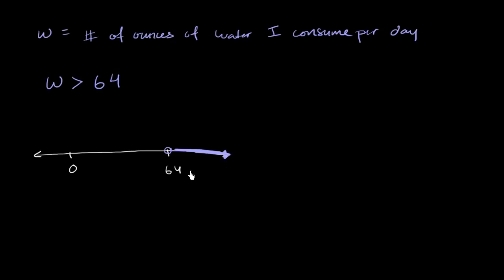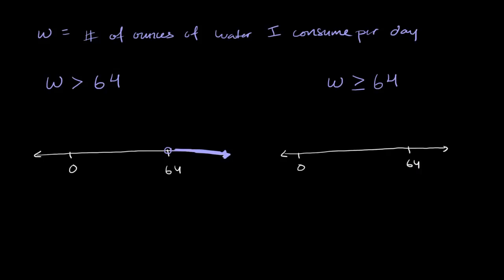Now, what if I want to loosen things a little bit? I was like, okay, it's okay if I drink exactly 64 ounces or more. Well, then I could write W is greater than or equal to 64. And the way that I would depict that on the number line, and obviously I'm not showing all the other numbers in between, but let's say this is 0, and then we go all the way up to 64.